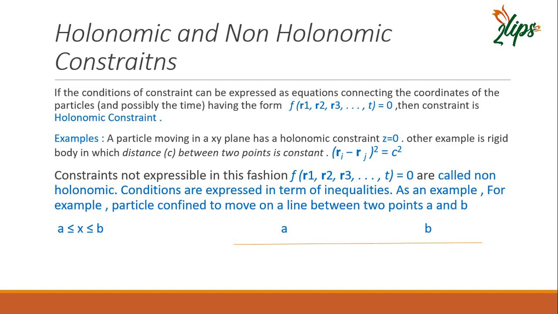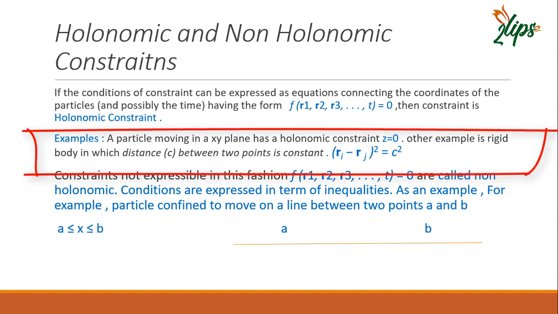Take a very quick and simple example. If a particle is confined in the xy plane, it means it cannot move along the z-axis. This is a constraint, and this condition of constraint can be written as z = 0. So this equation z = 0 is an equation of holonomic constraint.